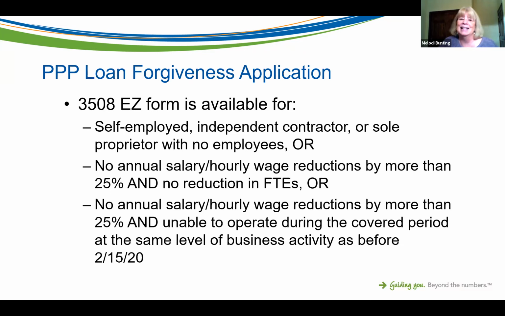The biggest thing I can tell you here is keep the documentation now, because these are subject to a 6-year audit, and it's going to be really hard to go back and justify it down the road if you happen to get selected at random. So it's important that you document why you couldn't operate or how that reduction in operations was an impact.